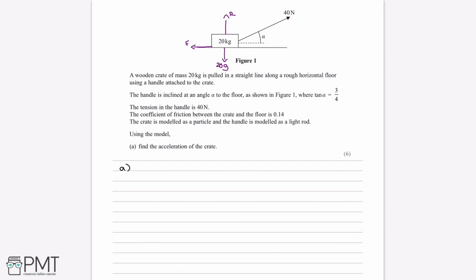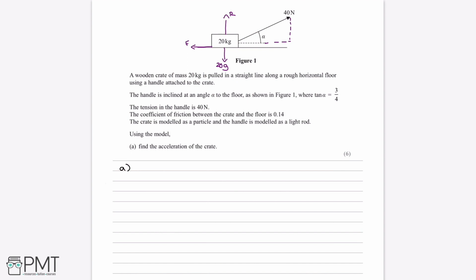So if we start with vertically, if we were to use trigonometry, this is a right angled triangle. The hypotenuse is this, and it has a value of 40, and the angle is alpha. So if we're using the opposite and the hypotenuse, this is sine, where sine alpha is equal to opposite over 40.